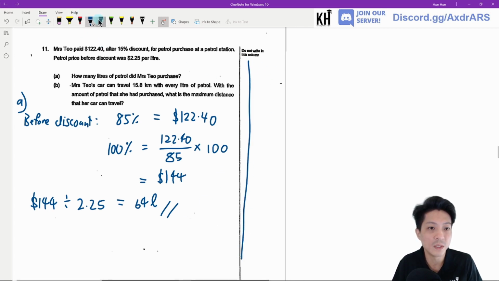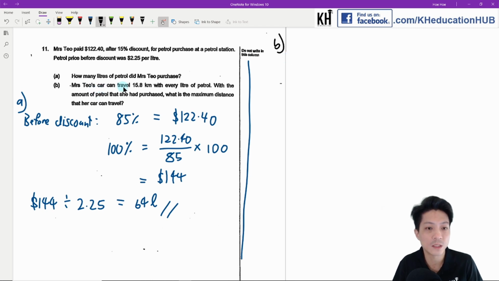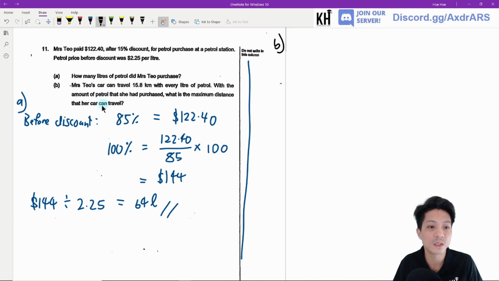Okay, for part B, Mrs. Teo's car can travel 15.5 km with every liter of petrol. With the amount of petrol that she had purchased, what is the maximum distance that she can travel?